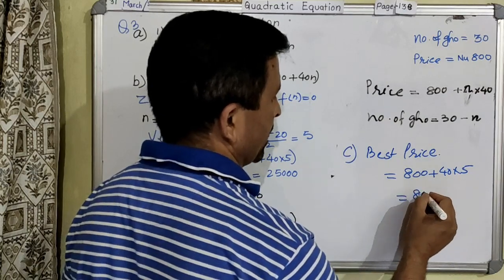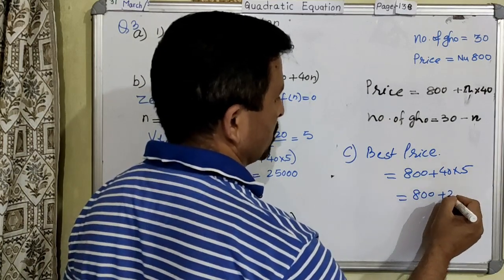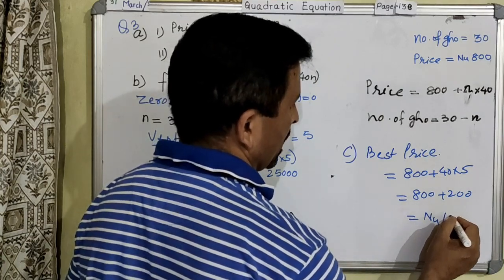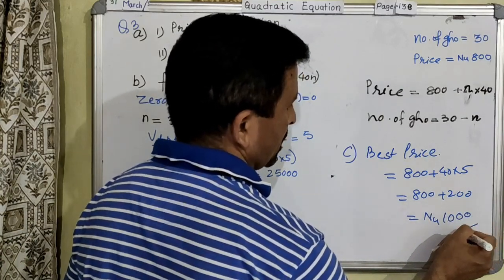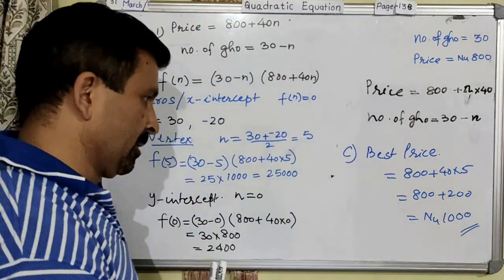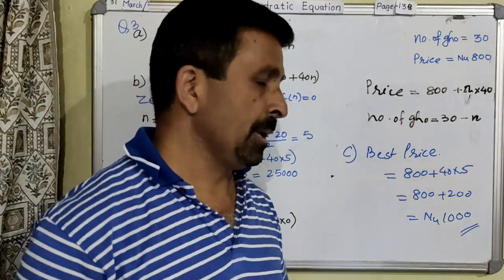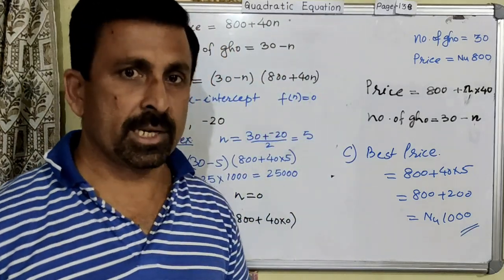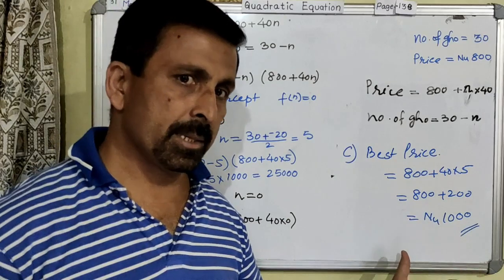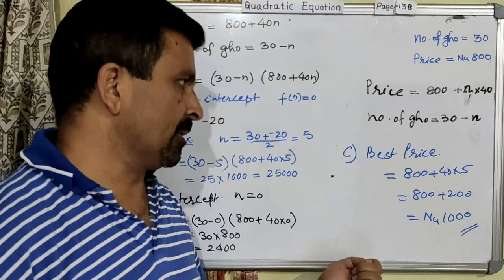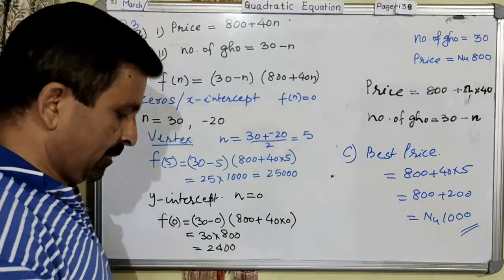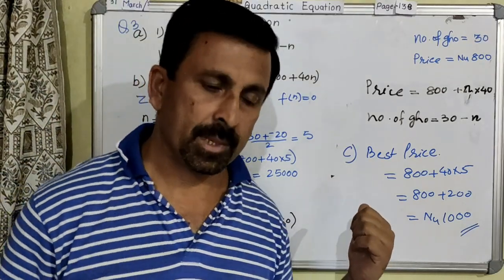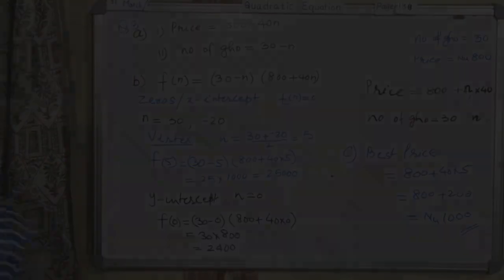So 800 plus 200 is equal to 1000. So 1000 is the best price which can give the maximum sale. Is this okay? Here your assignment will be to sketch the graph. So thank you. We'll go to the next question.